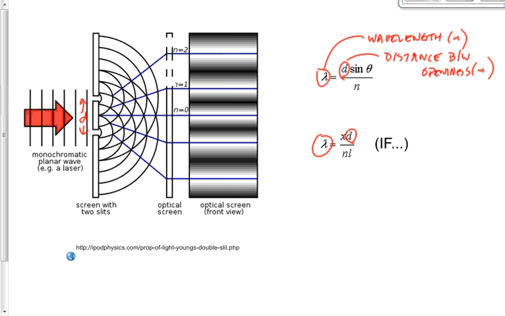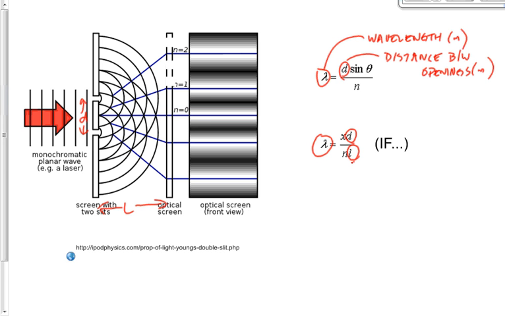Our next one is going to be L. L is going to be the distance from the slits, or from the openings to the screen. Now notice I've made that a capital L. There's no reason why I had to make it a capital L other than if I make it a lowercase l as it appears in the equation, it looks like a 1. So I just make it a capital L so that you know it's not a 1.